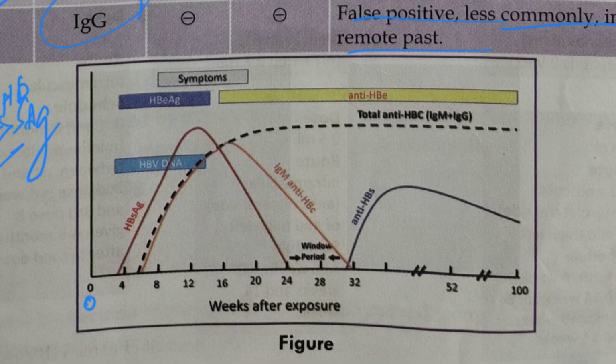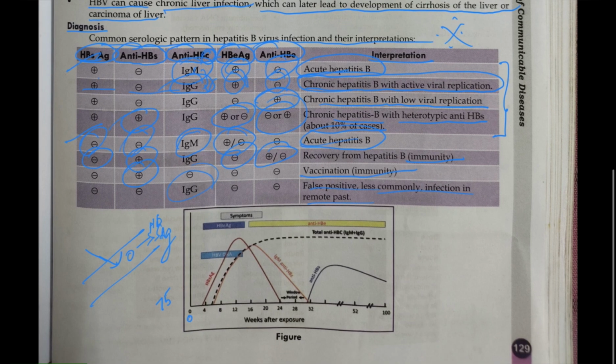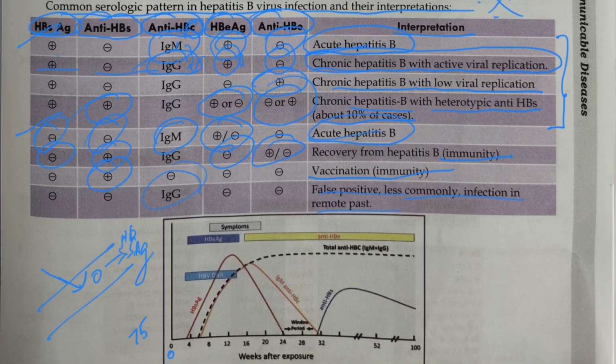So infected, about 4 weeks. The incubation period on average is about 75 days, but let's take it as 4 weeks. HBs starts to appear. Let us consider only these 4 rows: acute hepatitis B, chronic, chronic, chronic. HBs starts to appear.